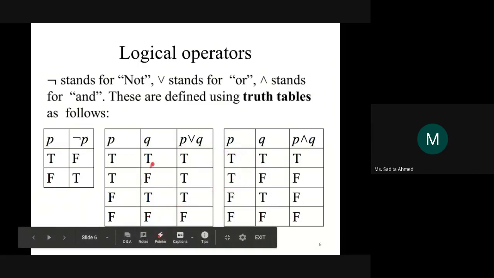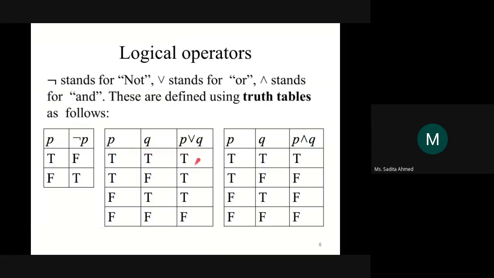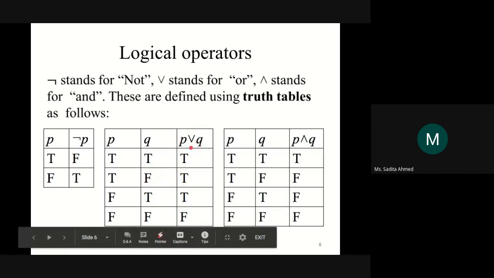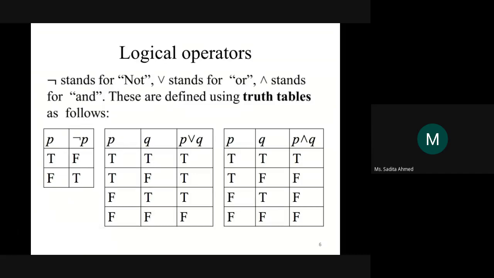Okay. Same goes for multiple variables for P or Q, or if you bring in a third variable, for example, if you have P or Q or R, in that case, you follow the definition of OR for them as well. At least one of them, if it's true, then the output will be true.